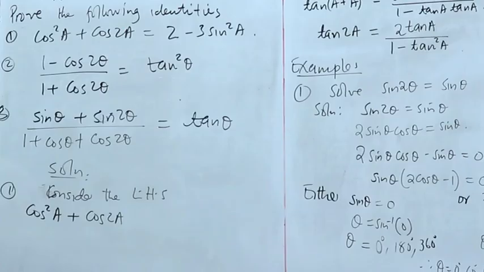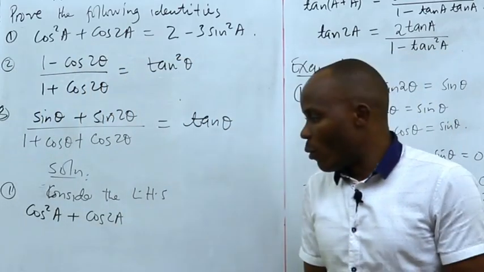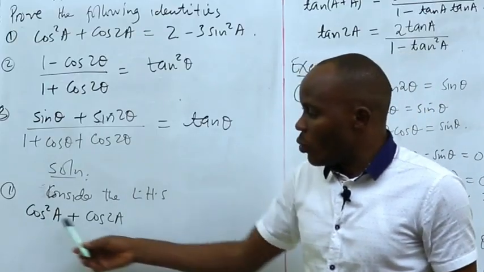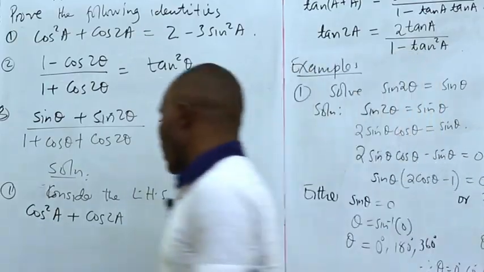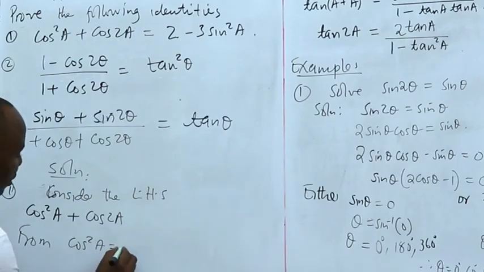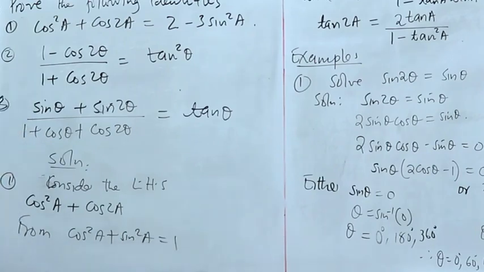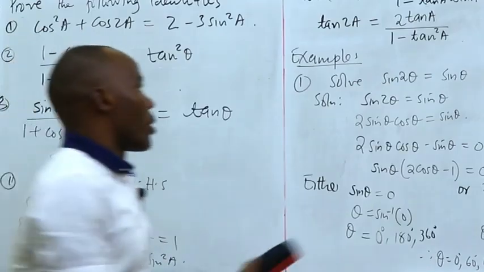What they are telling you to prove has an element of sine. Therefore, you express these two in terms of sine. How? From cos squared A plus sine squared A equals 1, if you make cos squared A the subject, this is 1 minus sine squared A.